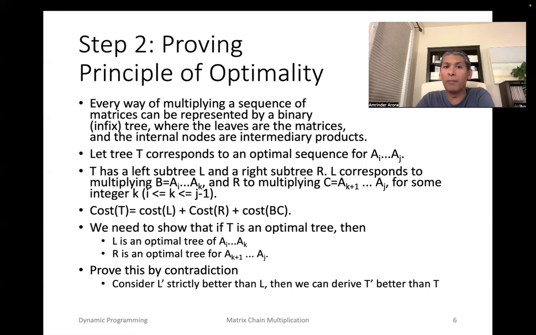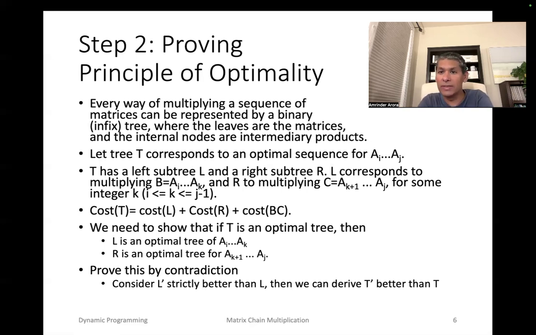We show that the principle of optimality really holds here. This is along very similar lines to what we have used in the past for the distance problem. Every way of multiplying a sequence of matrices can essentially be represented as a binary tree, the left half being one operation, the right half being the other operation, and then you finally multiply those 2 matrices, and we say that's our optimal sequence.